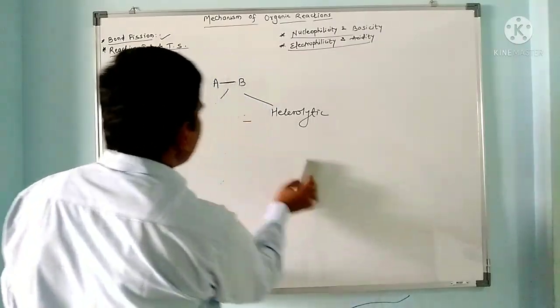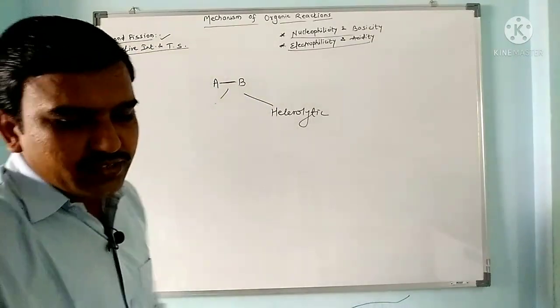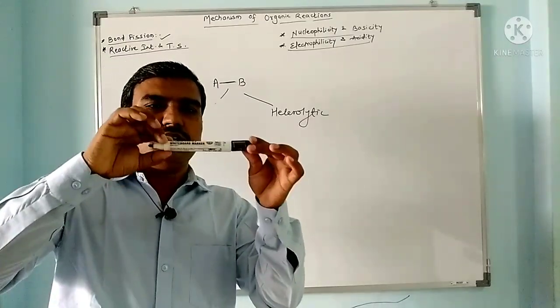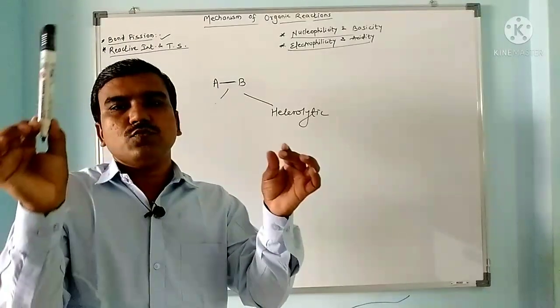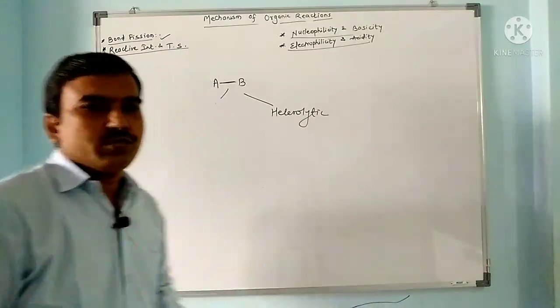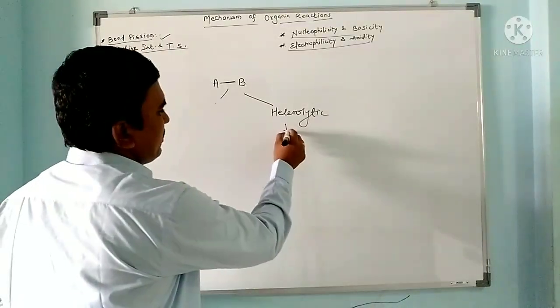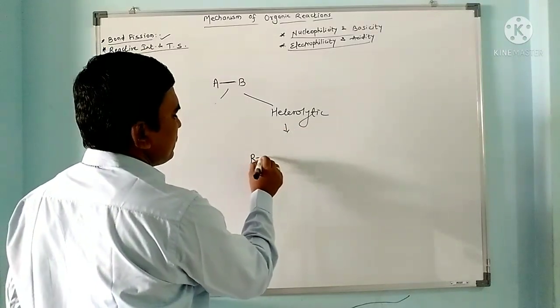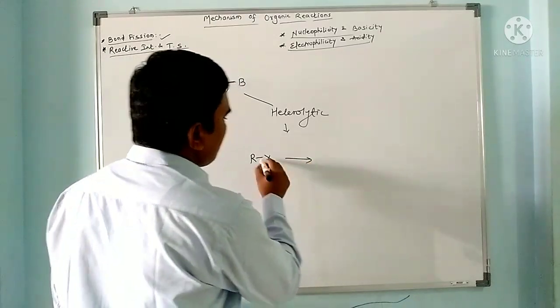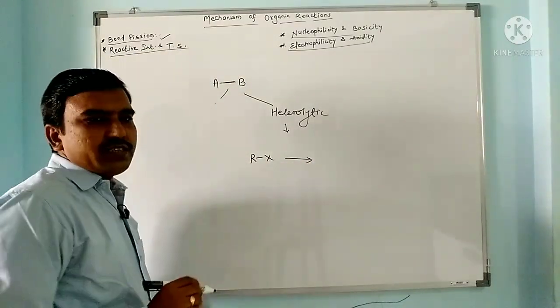In the heterolytic bond fission, the bond breaks heterolytically. Suppose this is the bond present between the 2 bonded atoms. Both the electrons of this bond go to one of the bonded atoms. This generally takes place in polar molecules or polar compounds. When we take the example of any alkyl halide, RX, this X is more electronegative than R, and R is an alkyl group.